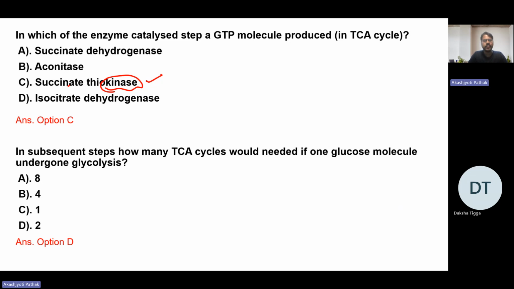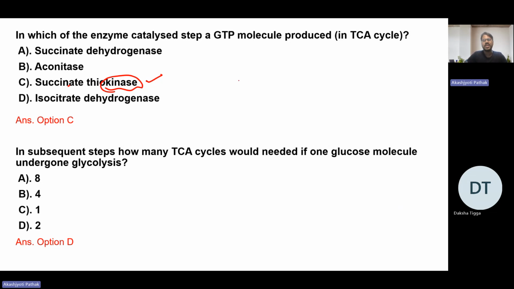Okay, and whenever NADH is formed from NAD plus, or NADH is oxidized to NAD plus, those reactions will be catalyzed by a dehydrogenase enzyme. So what is the reaction that takes place when GTP is produced?